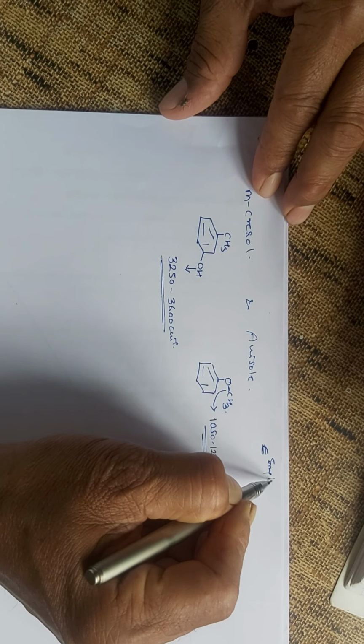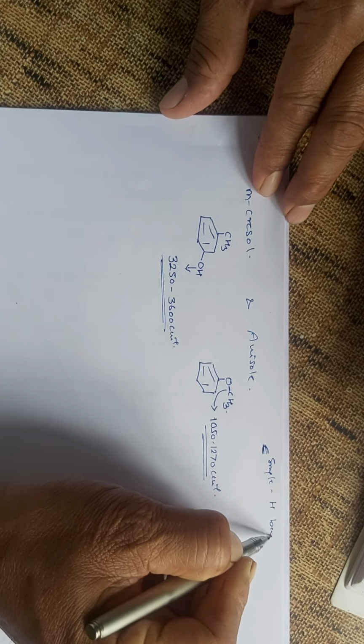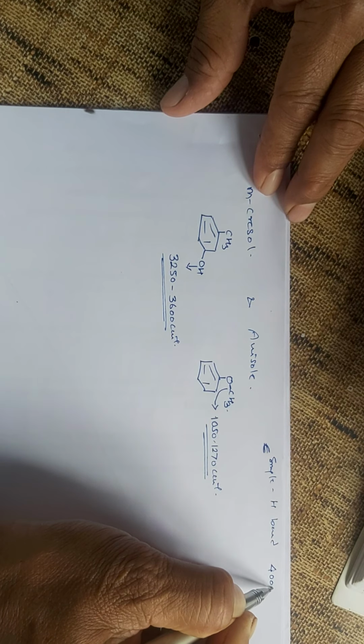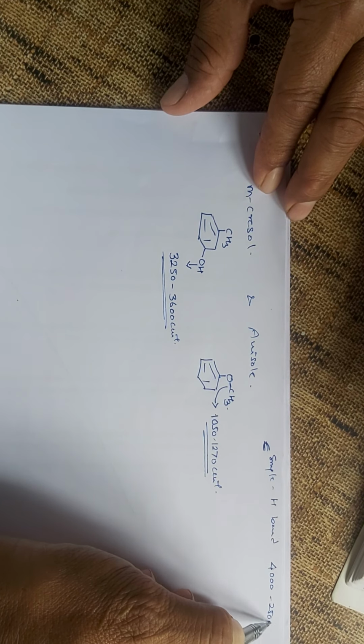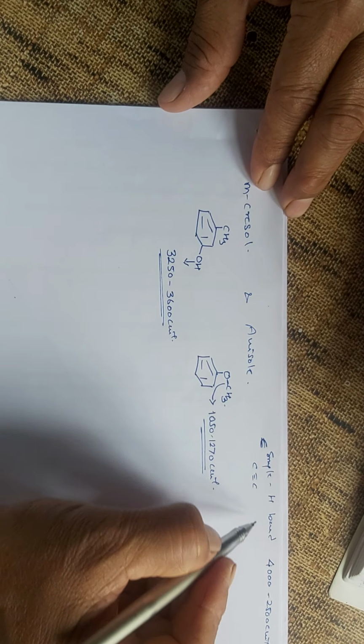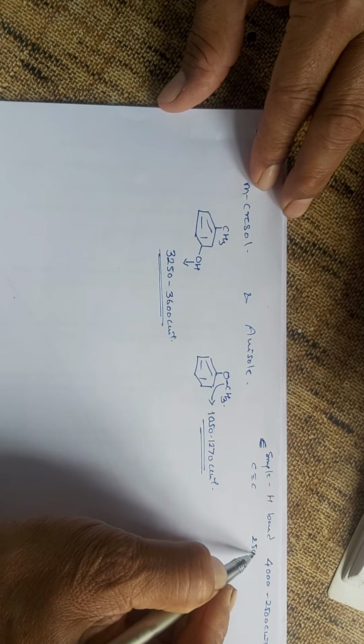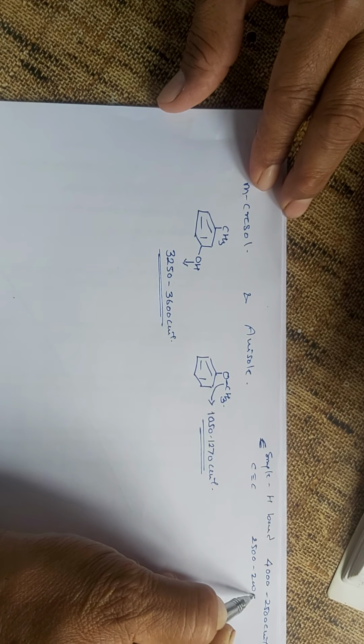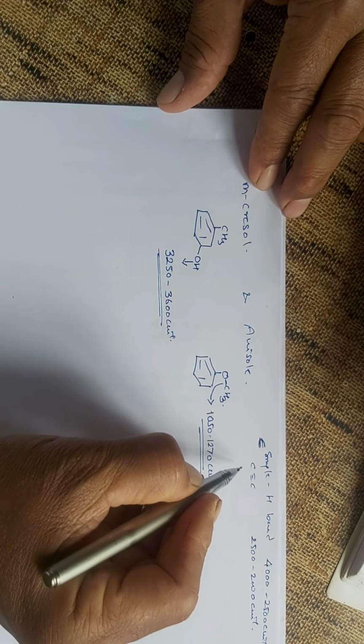the single bond region with hydrogen, which is 4000 reciprocal centimeter to 2500 reciprocal centimeter. The triple bond region is 2500 to 2000 reciprocal centimeter. This is the thing that we are supposed to always keep in our mind.